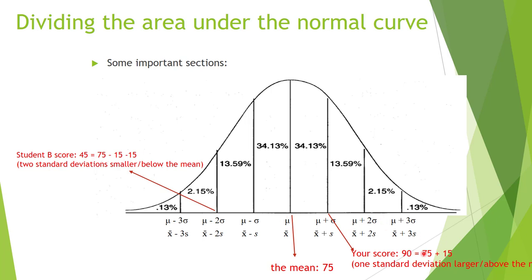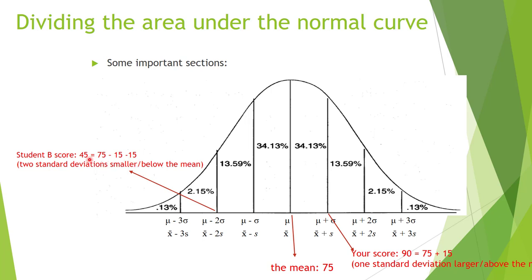So your score is 90. That will be one standard deviation, which is 15 points larger than the mean, 75. You understand this, okay? And then the student B score will be 45. That will be 75, the mean, minus 15, one standard deviation, minus another 15.